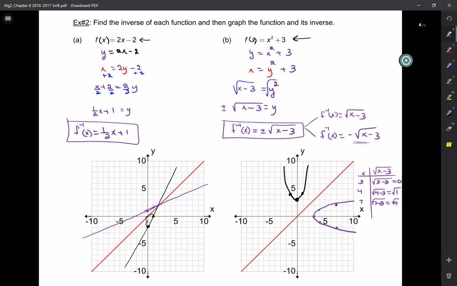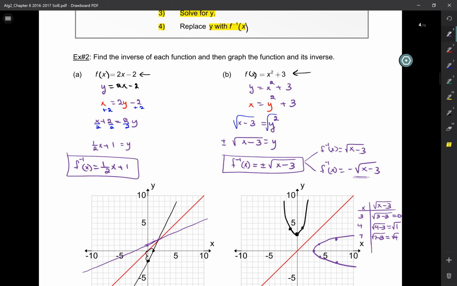Now, if you are not absolutely comfortable with graphing all of these by hand, is that okay? Yes, it is. Can you plug them in your calculator and do it? Yes. Are you really going to have to be graphing all of these manually? Not really. The main reason why I'm doing it is just to show you that the function and the inverse really get flip-flopped.